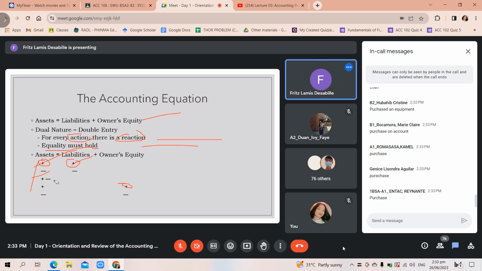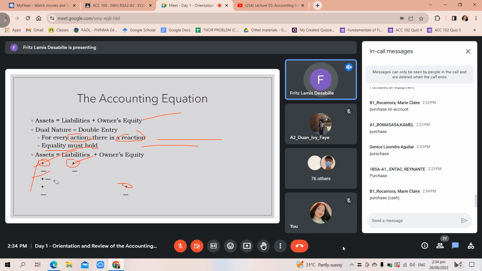Kung mag-purchase ka on account or accounts payable, imong entry is a debit to asset which is an increase and a credit to liability which is an increase. So in this case, we have to complete the sentence, purchase in cash. Cash purchase. So nag-debit ta og inventory, nag-credit ta og cash. So asset man na sila duha, nag-increase ang inventory, nag-decrease ang cash.